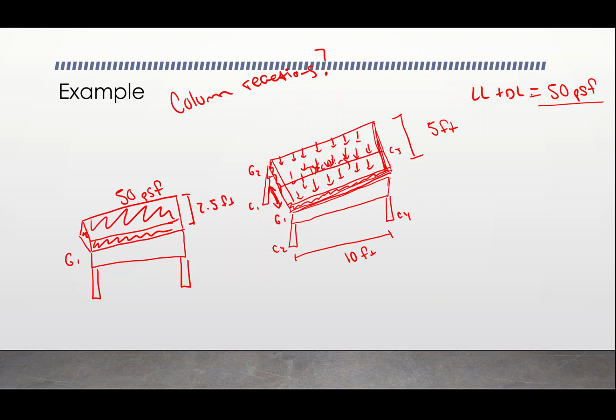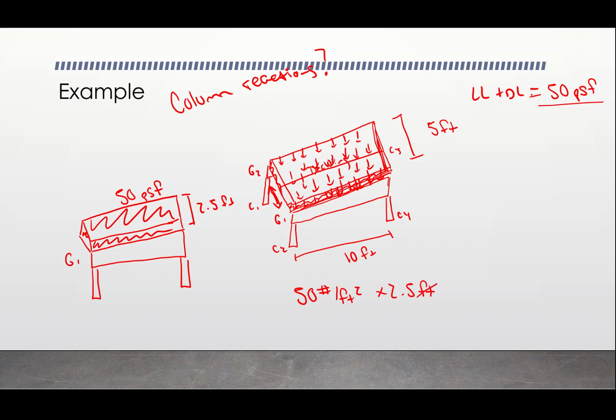I want a distributed load on girder 1. To get it flat again, I take all of those little arrows and put one stretch of arrows here, making the intensity of each arrow much more, because I'm multiplying by that distance. So 50 pounds per foot squared times 2.5 feet.